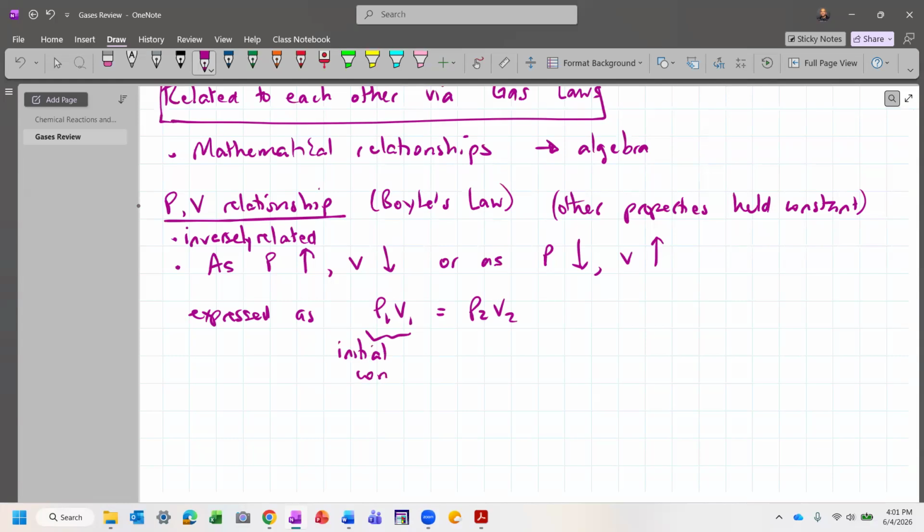So these are your initial conditions, equal to the product of the final pressure times the final volume.